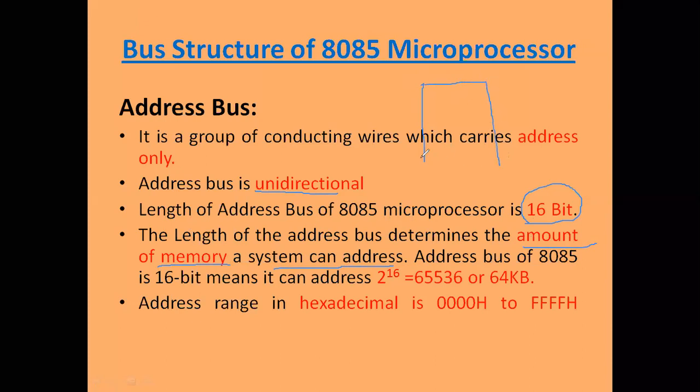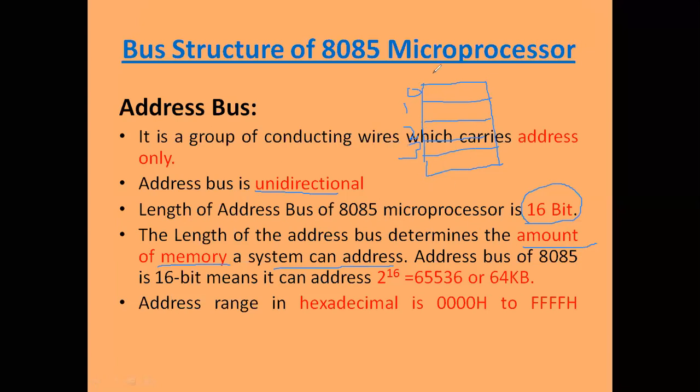As I told you, memory basically consists of locations. It is just like a page of your notebook, and if I give addresses 0 1 2 3 like that, these will be the addresses.